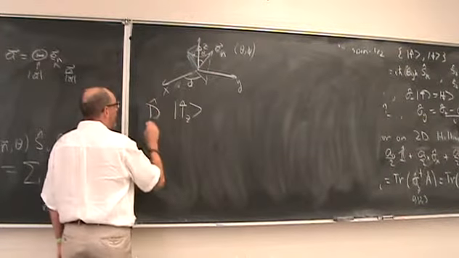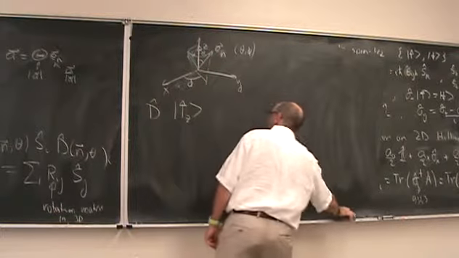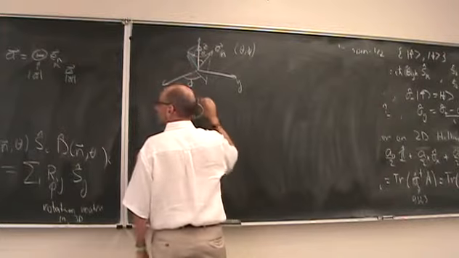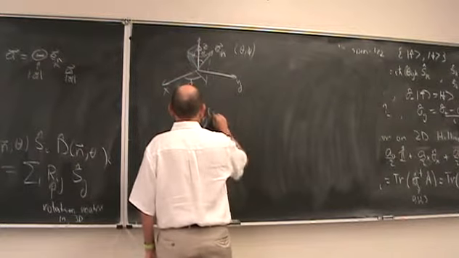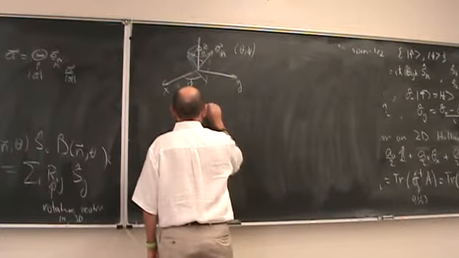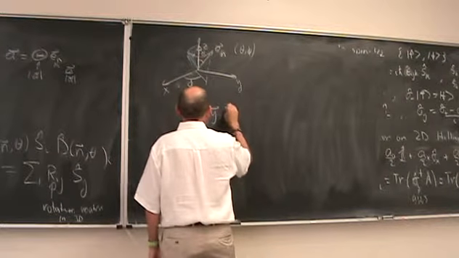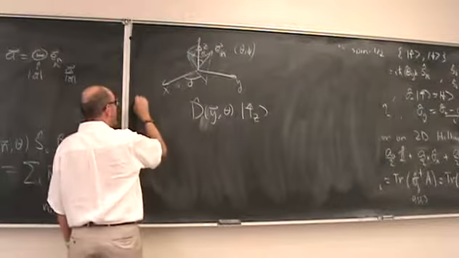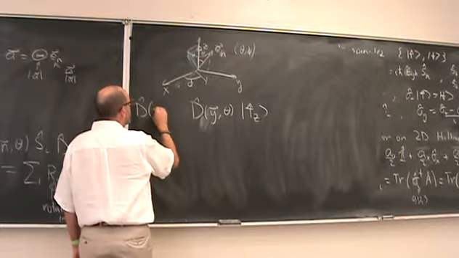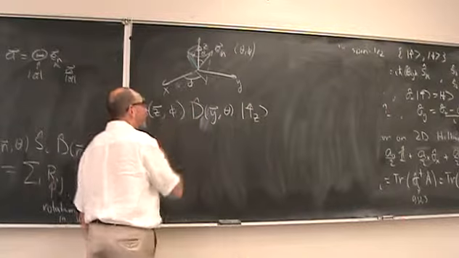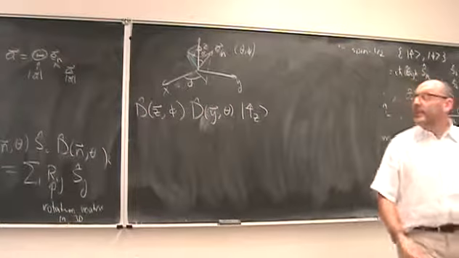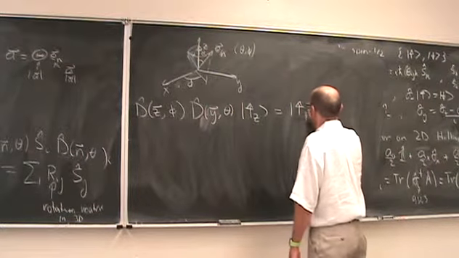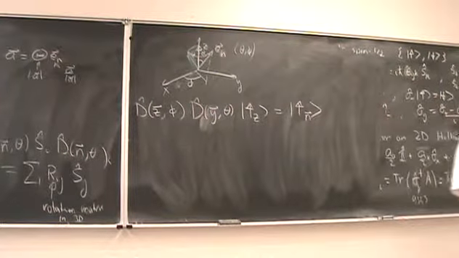So first I rotate it around the y-axis by the angle theta, and then I rotate it around the z-axis by the angle phi, then this is spin up along that direction.